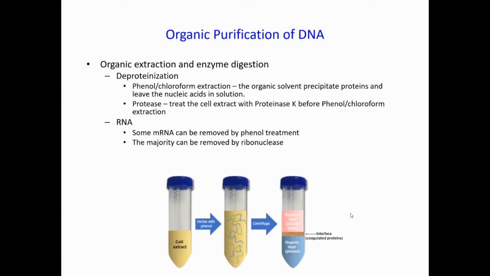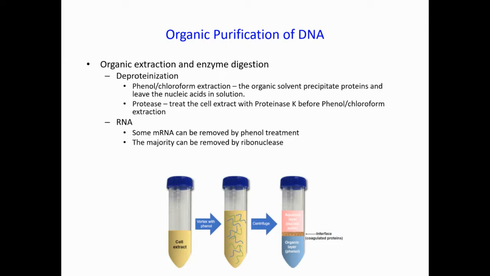The DNA precipitate can be collected through centrifugation. The excess salt can be rinsed with 70% ethanol and centrifuged to discard the ethanol supernatant. And then the DNA pellet can be dissolved in Tris-EDTA solution for long-term storage.